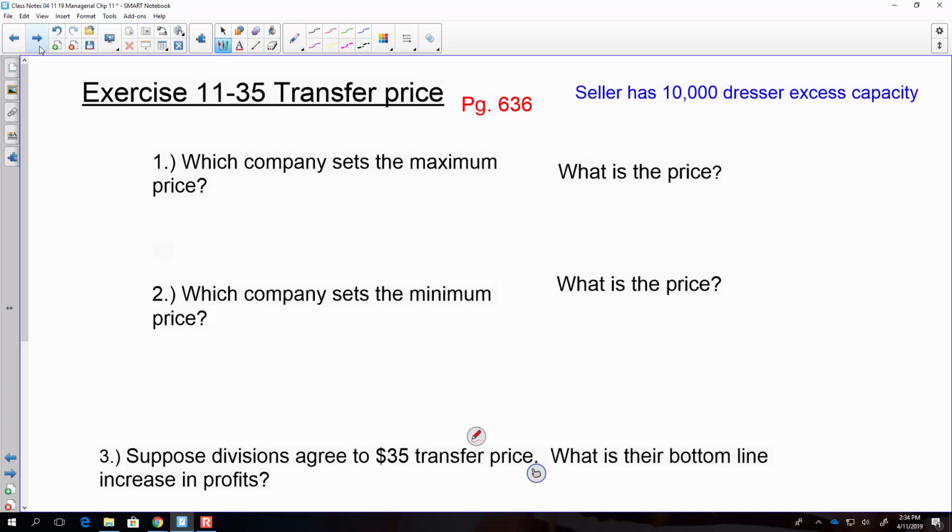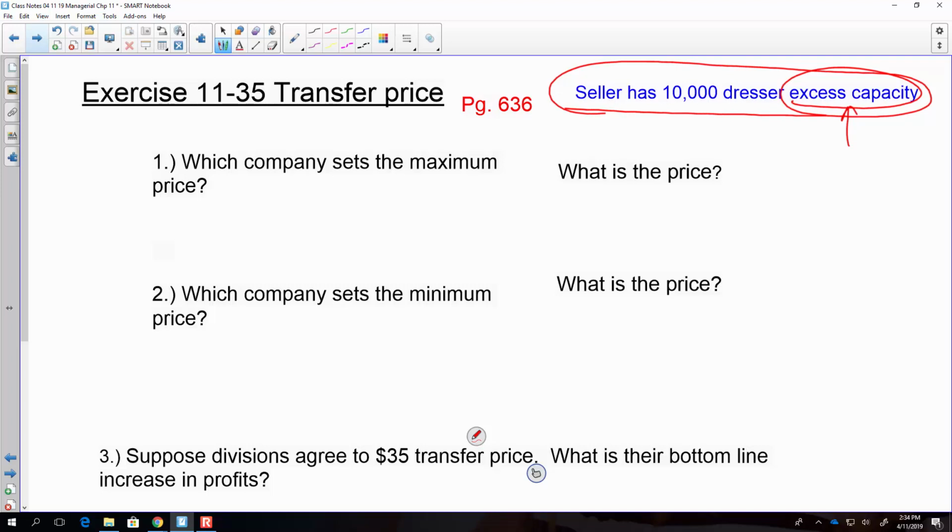So take a look at problem 35. Take a minute here to read the problem. And the difference is something called excess capacity. What does excess capacity mean, guys, when you get a chance?